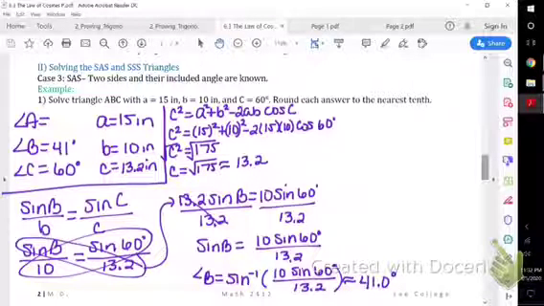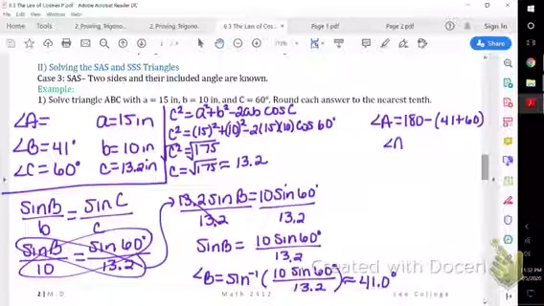And then how are we going to find angle A? Well, we can use the law that we know about a triangle, that all the degrees have to add to 180. So 180 minus the other two added together. And so we know that angle A is approximately 79 degrees. And we have solved our triangle.